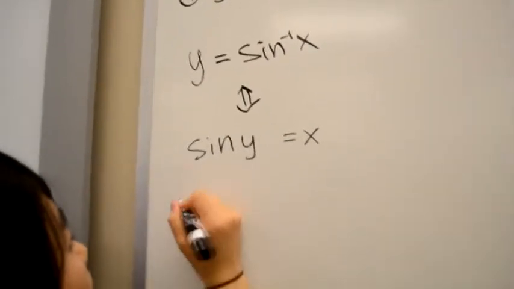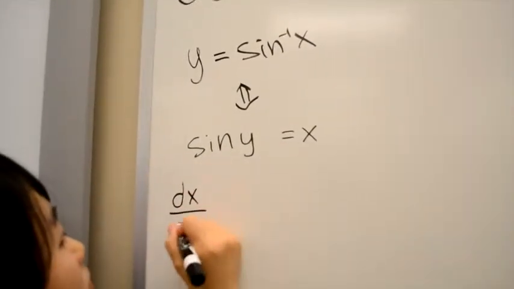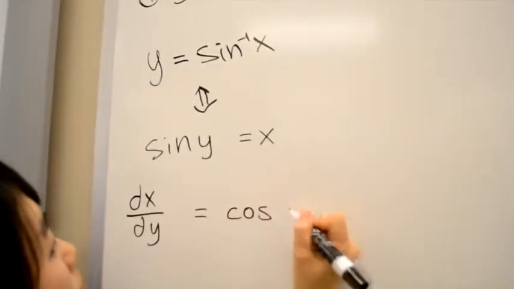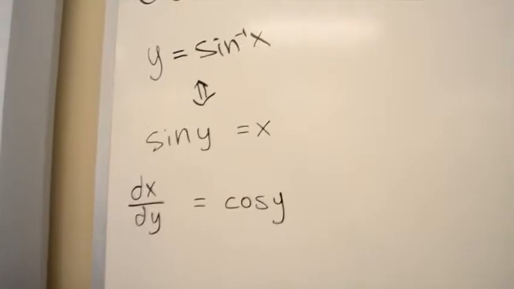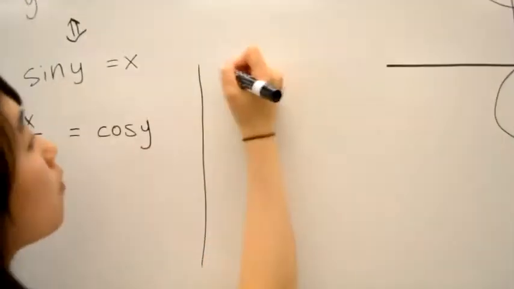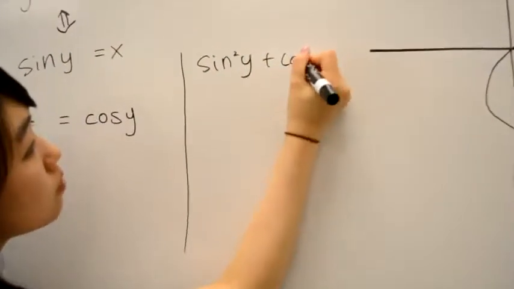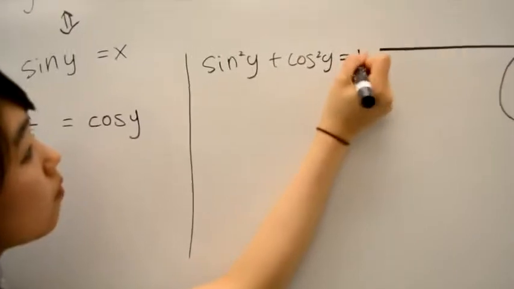And we're gonna take the derivative of the whole equation with respect to y. So it would be d dy of sine y equals x, which is gonna be dx dy equals cosine y.